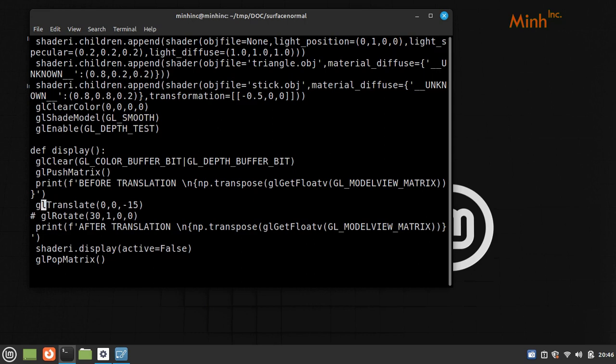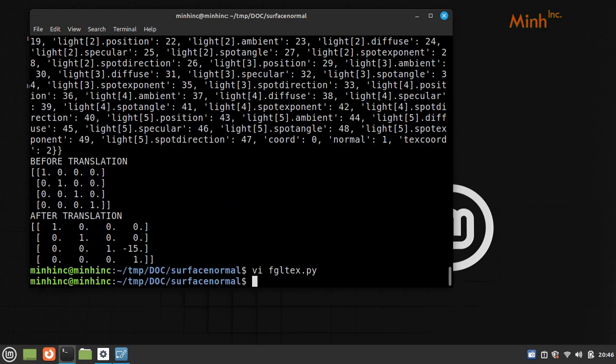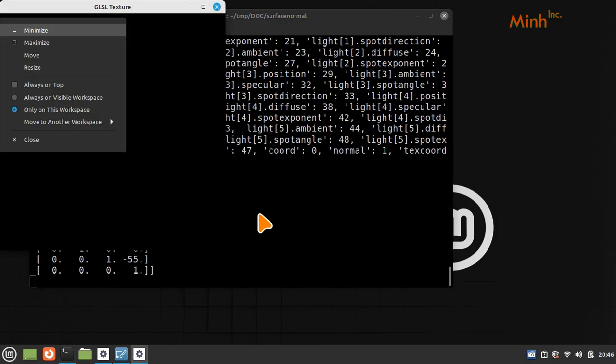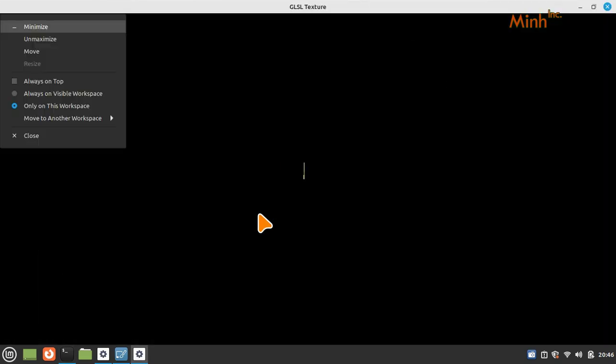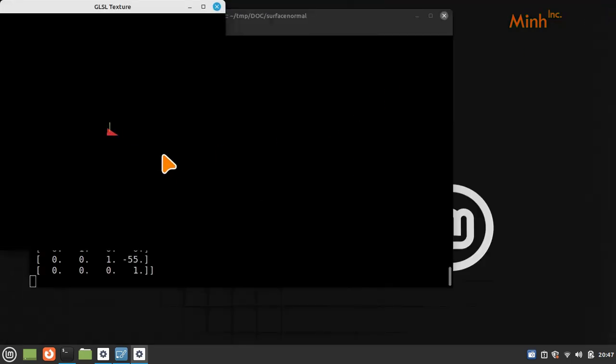If I am translating by minus 15, everything is going minus 15, meaning from the origin it is shifting minus 15 in the minus Z direction. Okay, so if I do minus 55, it will start very small at the beginning. Can we see? Okay, see the size. So it went far.